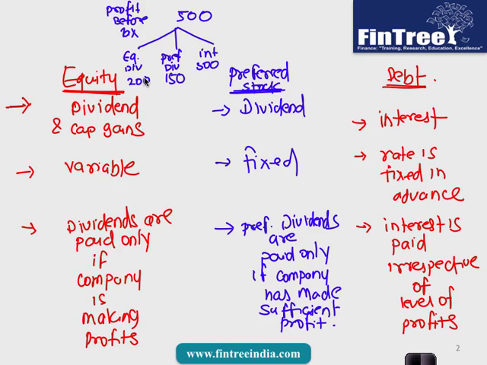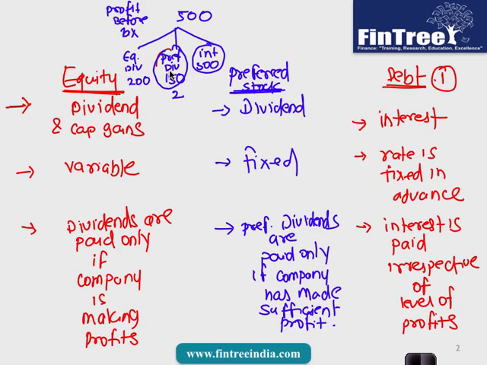The priority or sequence in which the amount is to be paid, we will pay entire 500 to interest. Debt is always given the first priority when you are paying the interest. Then second priority is given to preference dividend. This is the reason why they are called preferred, because you get a preference over equity shareholder.